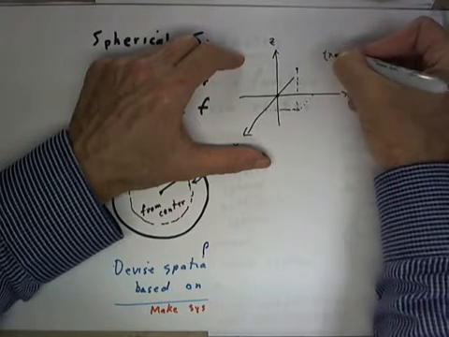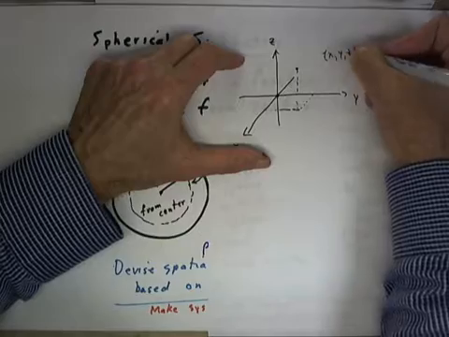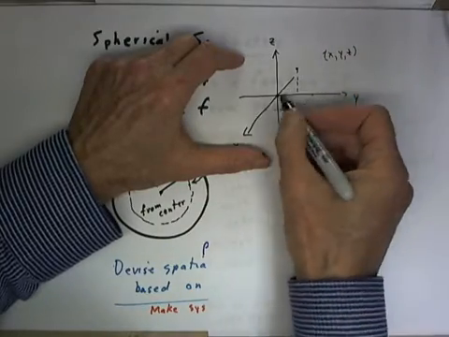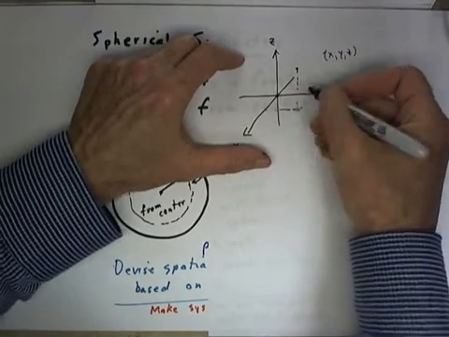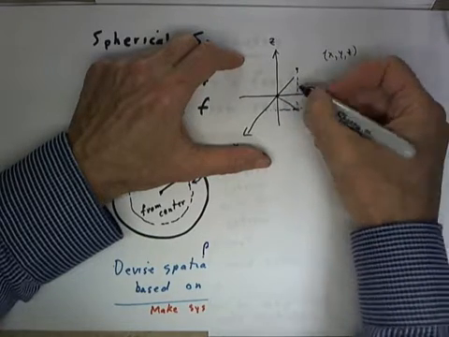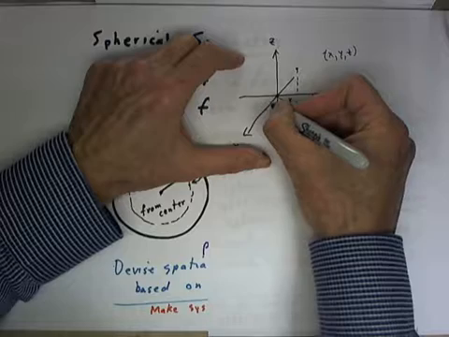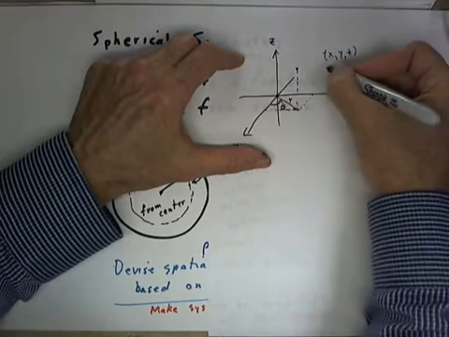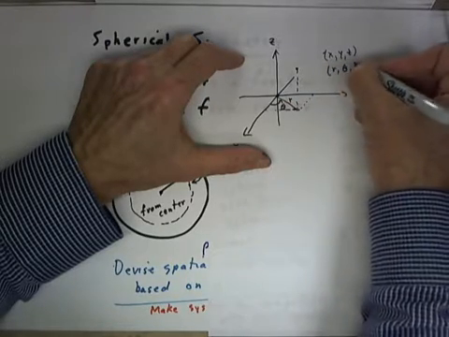Okay, so here we have the point x, y, z. In cylindrical coordinates, of course, we know that we can also represent that by r, this distance, and theta, and z.